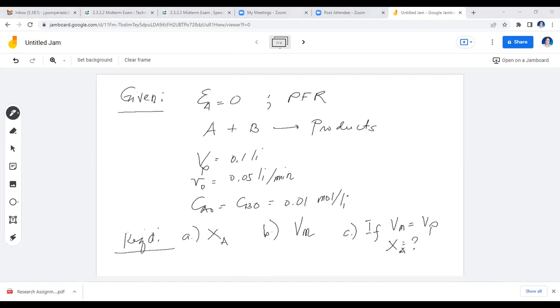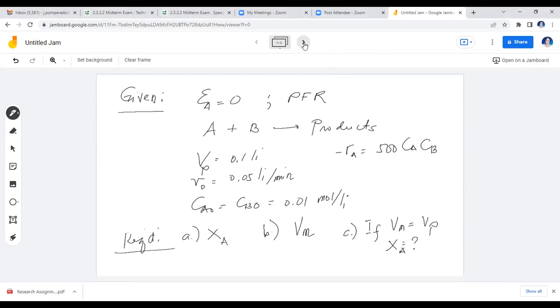The aqueous reaction A plus B forming the products was given with known kinetics. So we missed this known kinetics, the rate law, which is 500 CA CB. Okay, so we'll go back to that and write here the rate law. So the rate is 500 CA C sub B. It's given.